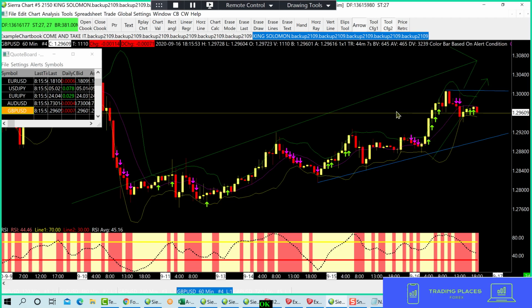Up, up, up, up, up, up. See these, where I started this, I just happened to pick this line here. This is kind of support and resistance as well. You see, every time it breaks here, it comes way down.